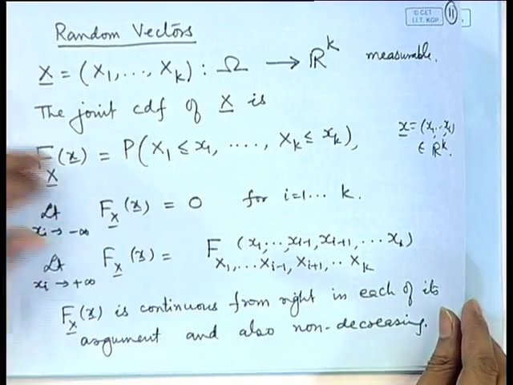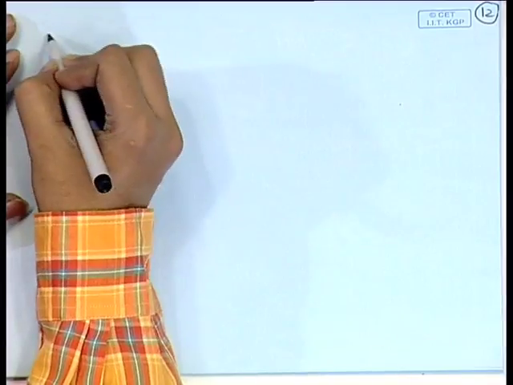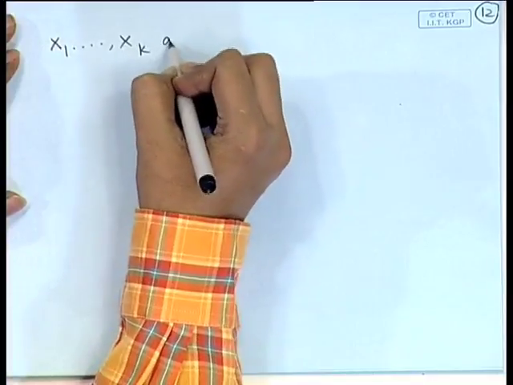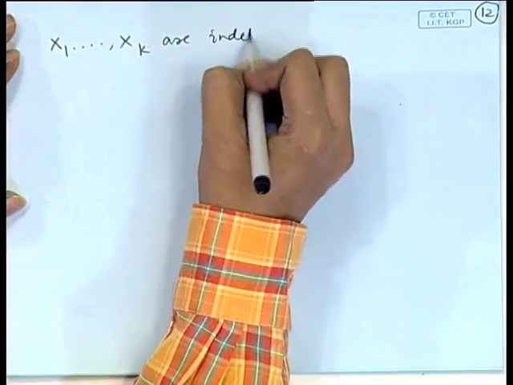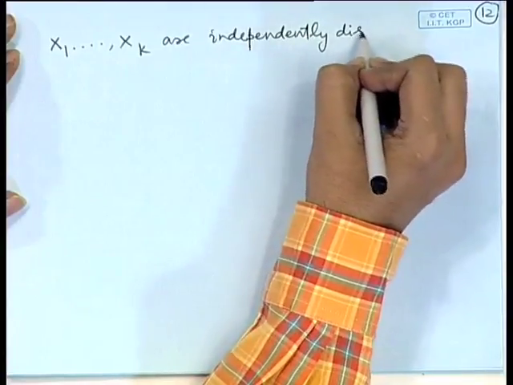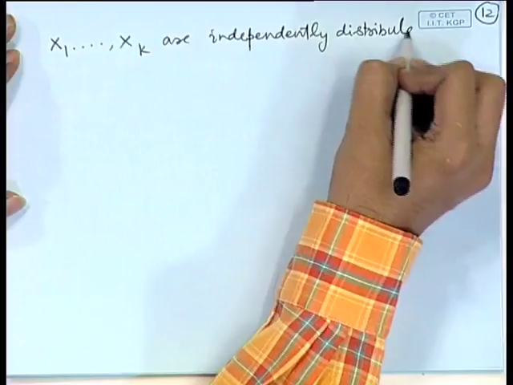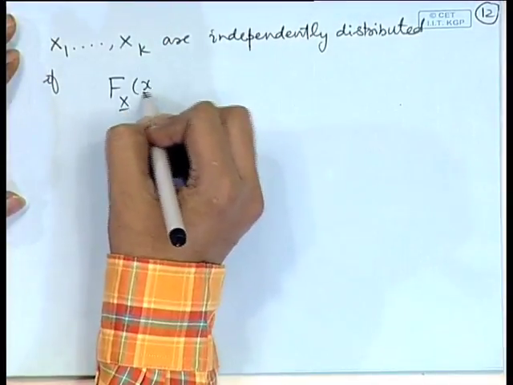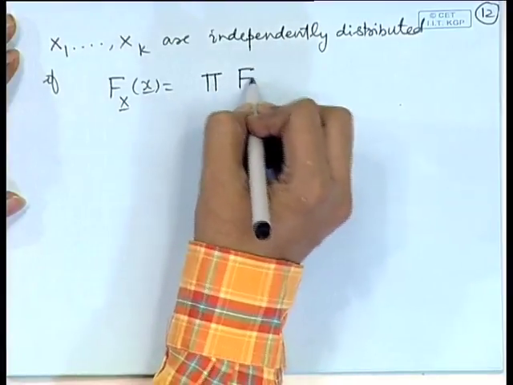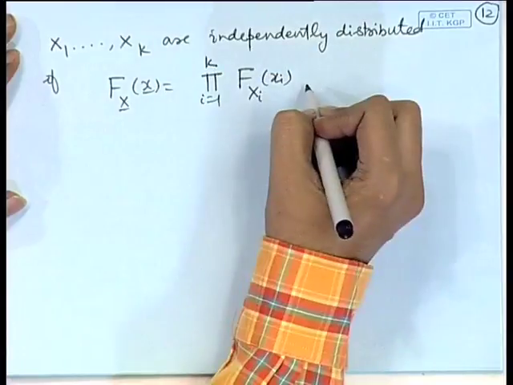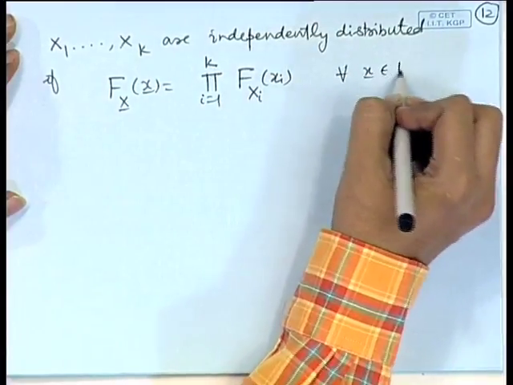Making use of this joint CDF, we can define the concept of independence. X1, X2, ..., Xk are independently distributed if the joint CDF can be written as the product of individual CDFs for all x belonging to R^k.